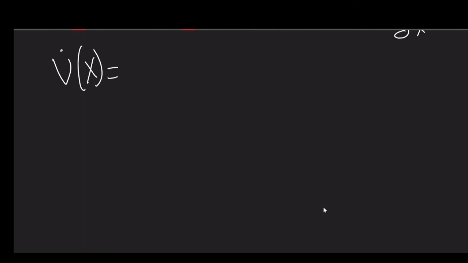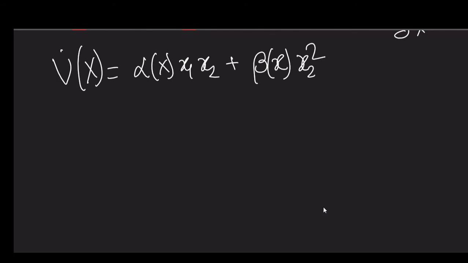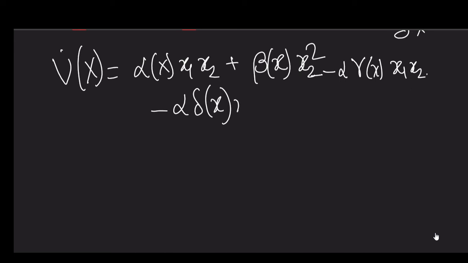You will find it will become minus alpha gamma(x) x1 x2 minus delta(x) x2 square minus delta(x).